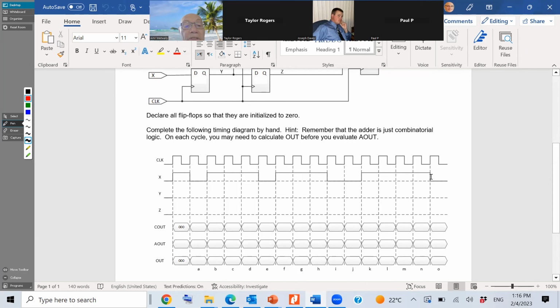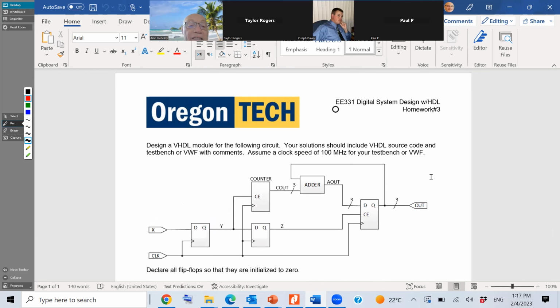To find the output, given X and clock, I need to find first what will be Y. Given this Y and this clock, what will be Z? Again, given Y and clock, what will be C out?